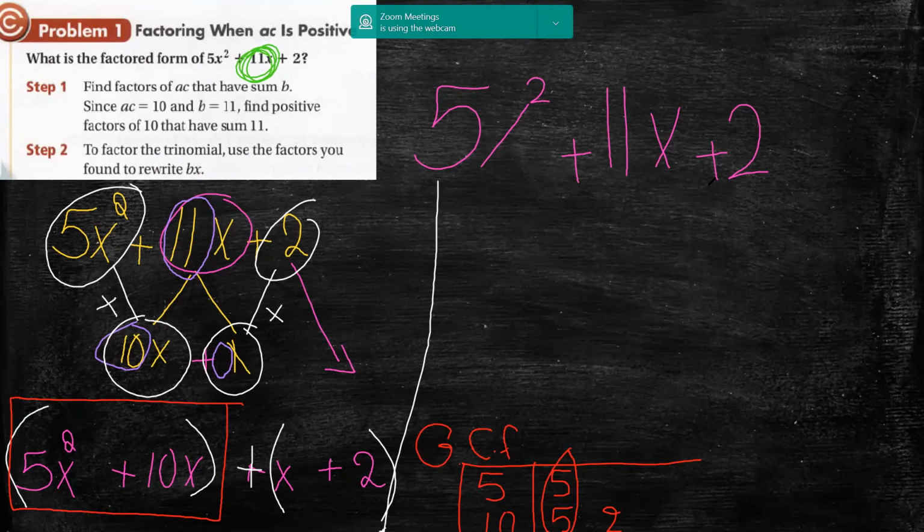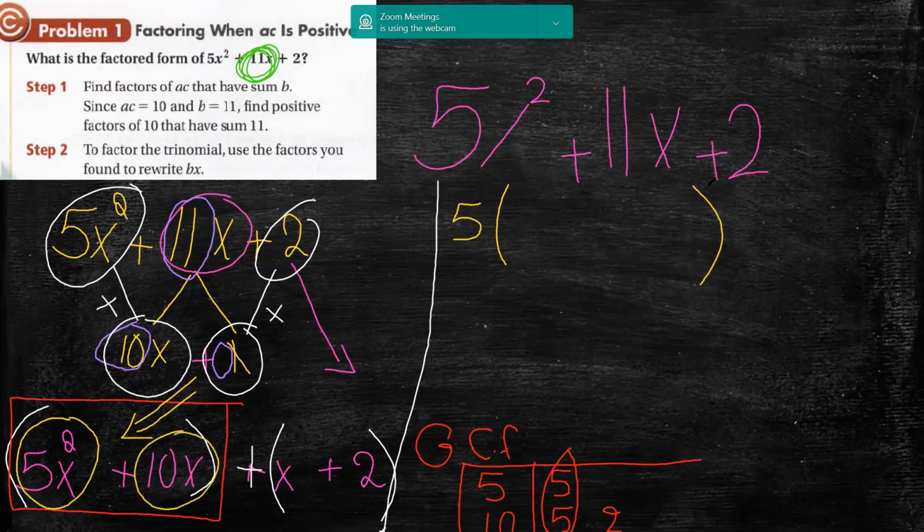Now I will write this 5 here, and then I will open the bracket. Then look at this 5x squared plus 10x. I want you now to divide each monomial by 5.